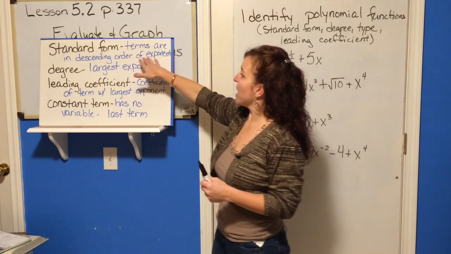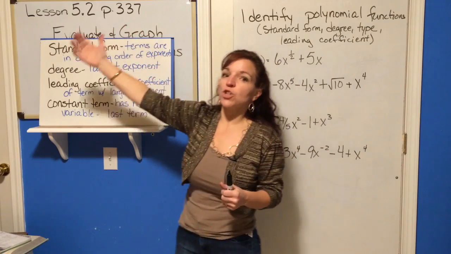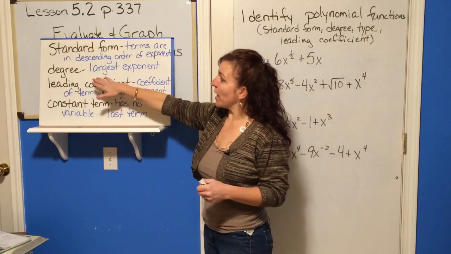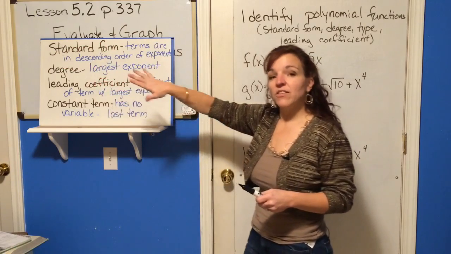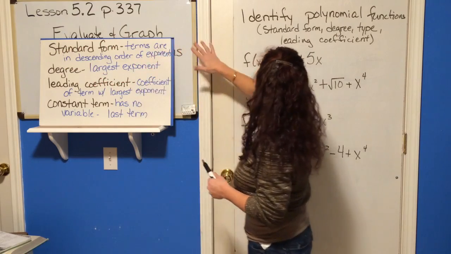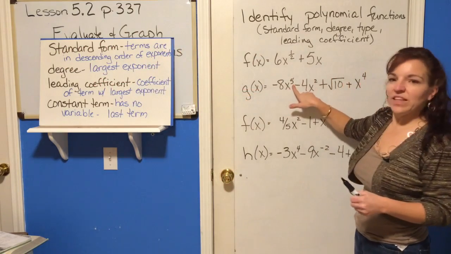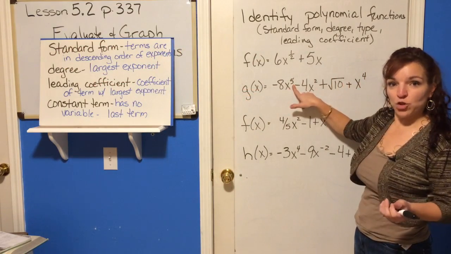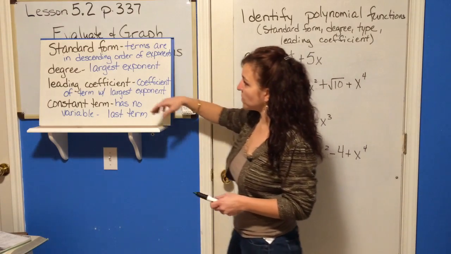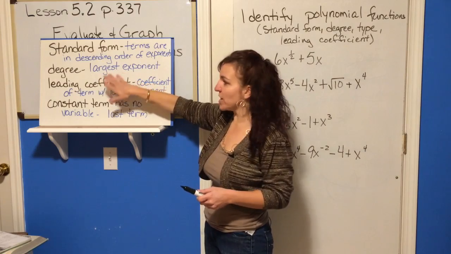So as long as the exponents are going from the big to the small, all right? The degree of that function is the largest exponent. So if the largest exponent is a 5, then this is a fifth degree polynomial function. So the degree is the largest exponent.